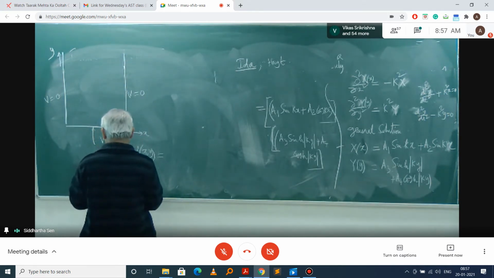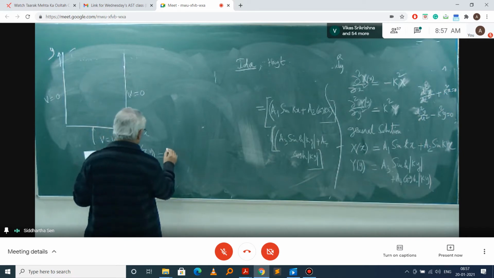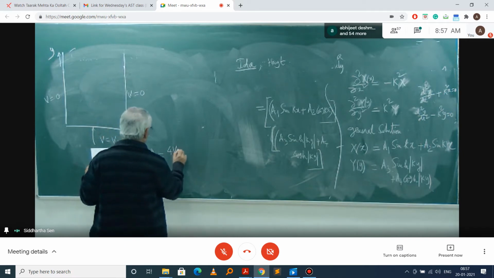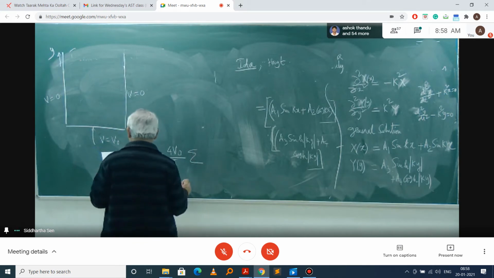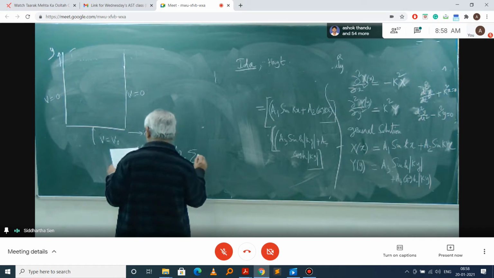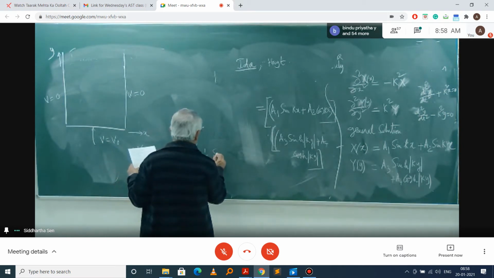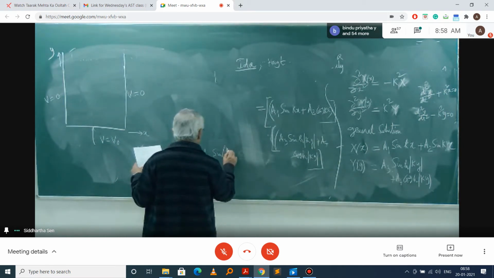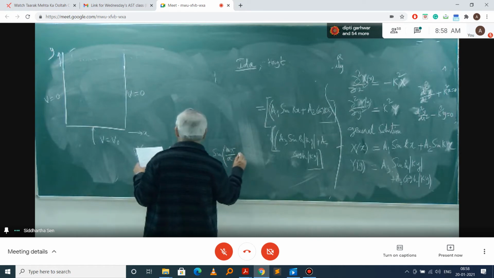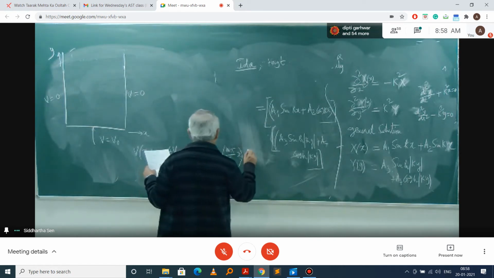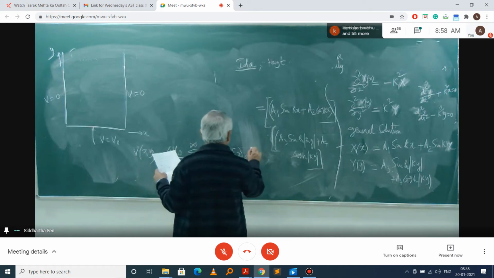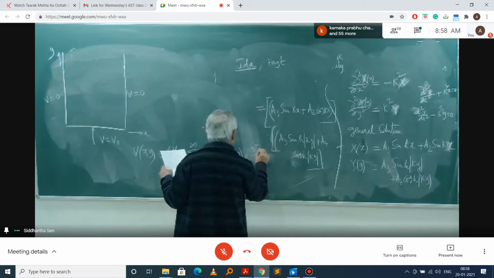Okay. So it would be V(x,y) is equal to 4 V0 by pi into sigma m equal to 1 to infinity, 1 by m, sine of m pi by a into x, into e to the power minus m pi by a into y.